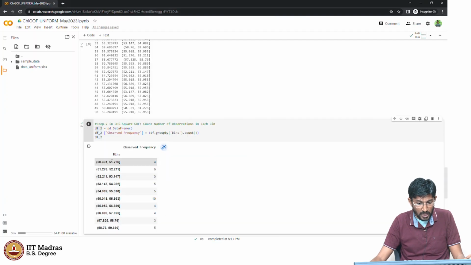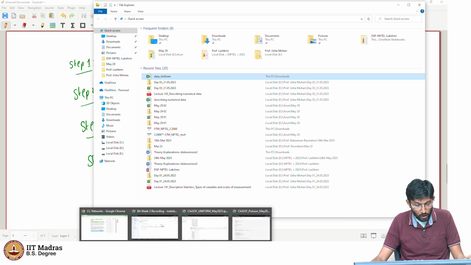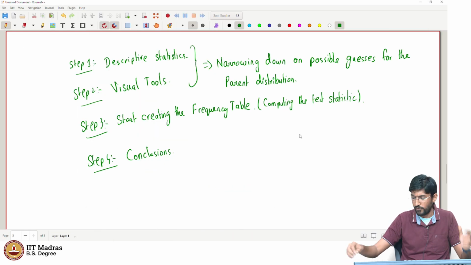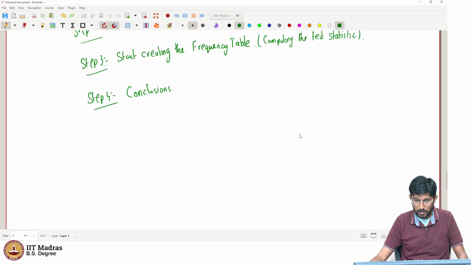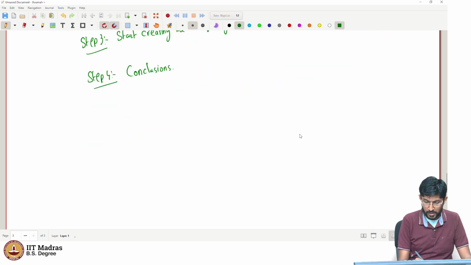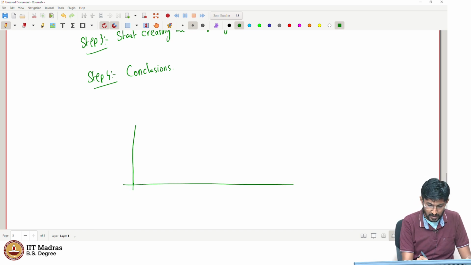Now using this, I must compute the expected frequency, and for a uniform distribution there is something very beautiful that will happen. So what is a uniform distribution? The histogram for a uniform distribution, if it's exactly right, should look like this, correct?